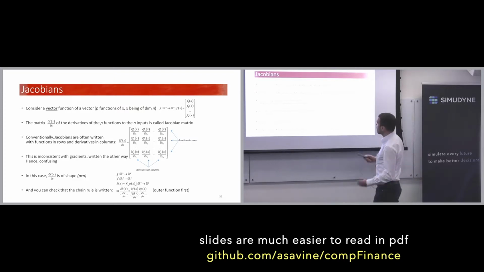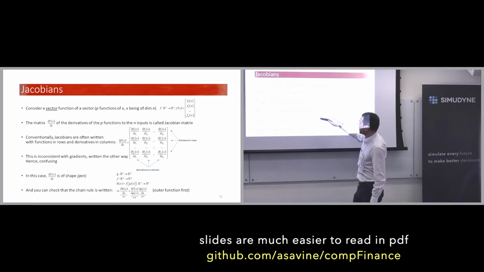In other words, row 1 is for the first output, the first function, row 2 is for the second output, row p is for the last output. And in columns, we have the derivatives with respect to dx1, dx2, up to dxn, okay?